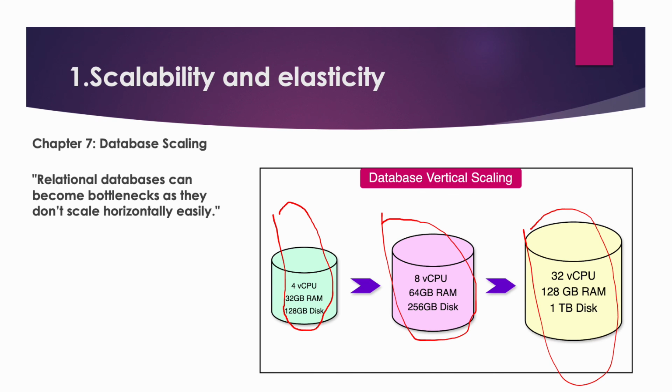But in this diagram, database scaling is happening vertically. Initially it was 4 CPU, 8 CPU, and 32 CPU. Accordingly, the RAM and hard disk increase. That's how database scaling works.